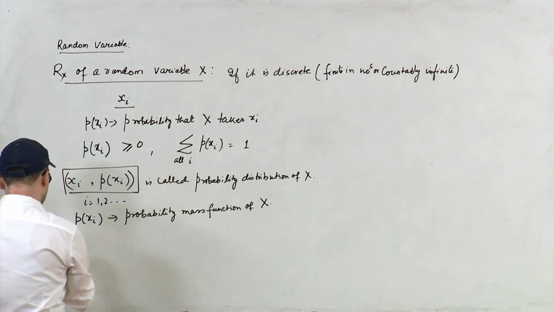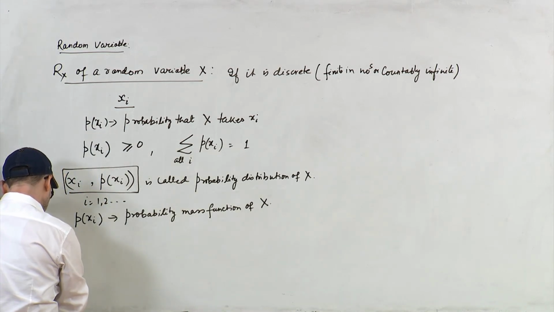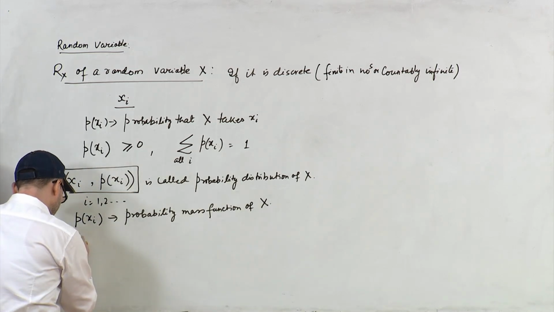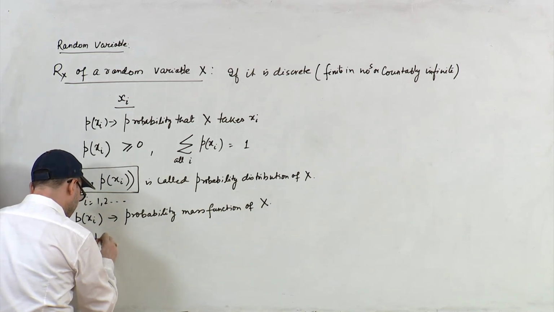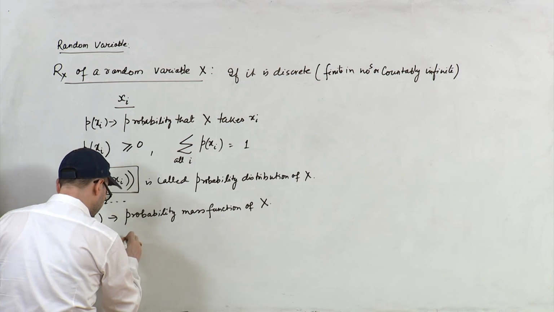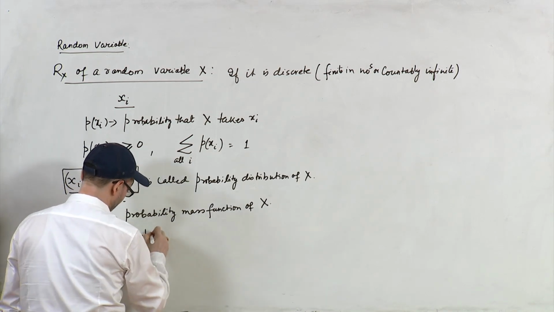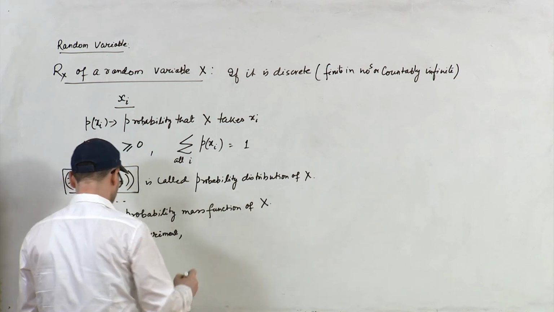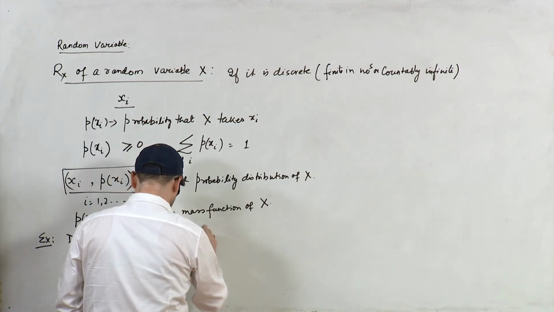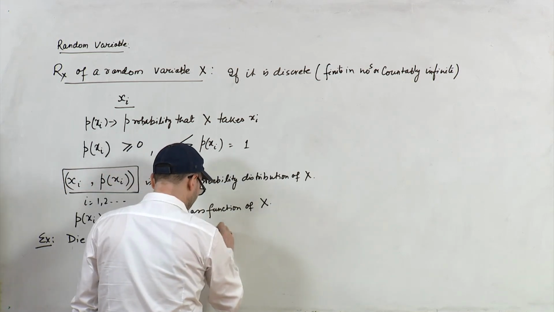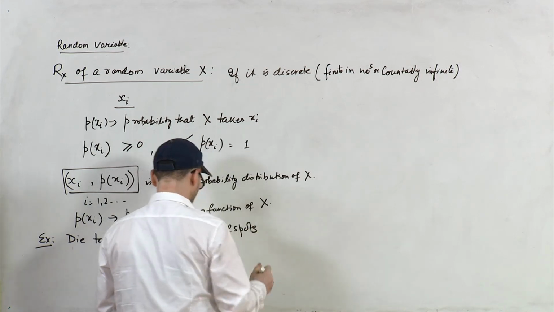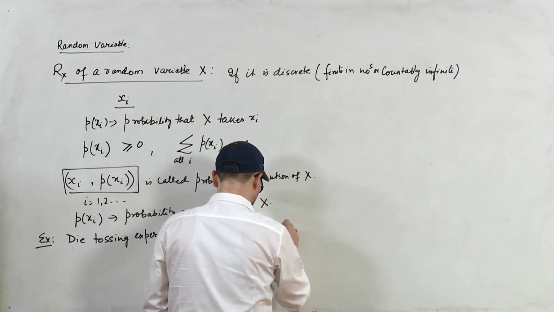Now, let us take an example. An example is a die tossing experiment, where x is the number of spots on the up face.